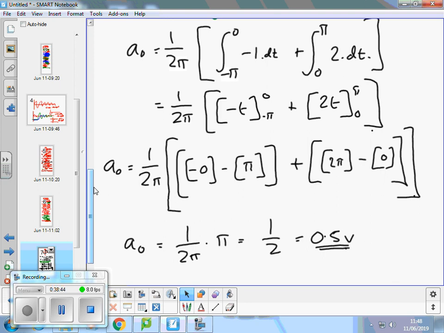But the result of that bit is minus pi plus 2 pi equals pi. So that's pi, 1 over 2 pi is that bit outside the brackets, and that pi is what's in it. Yeah, everyone happy? Right?